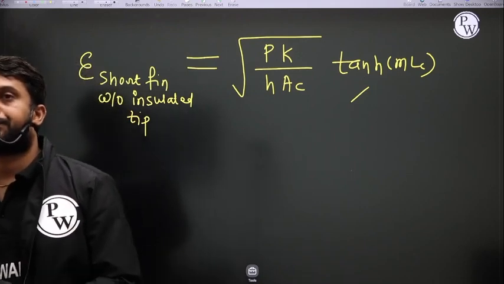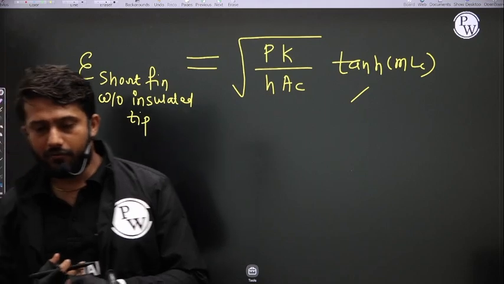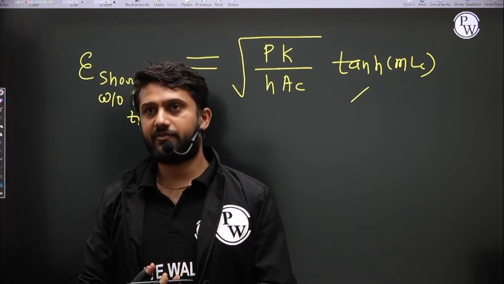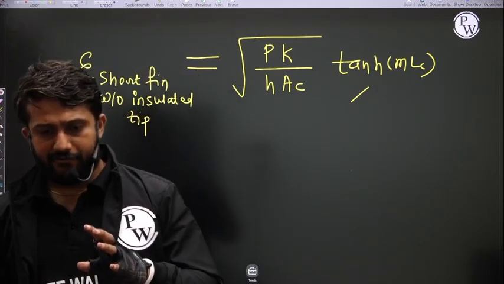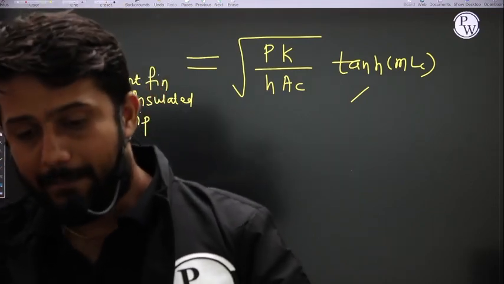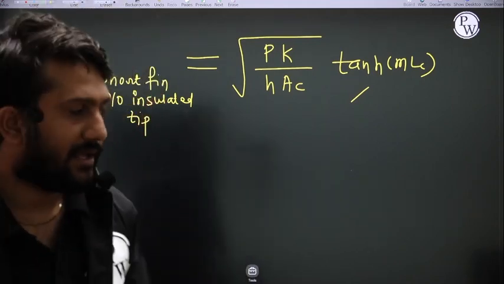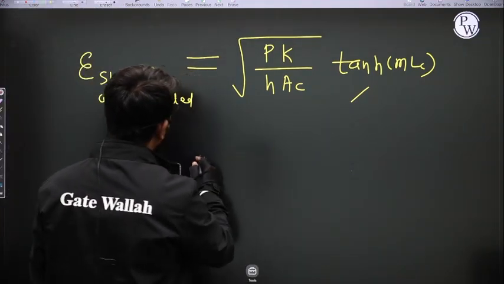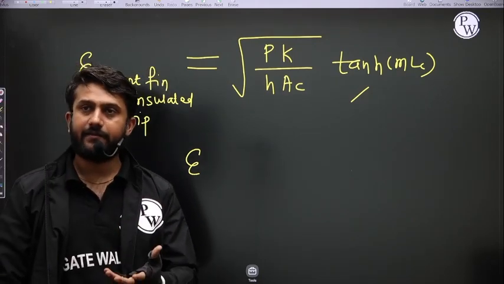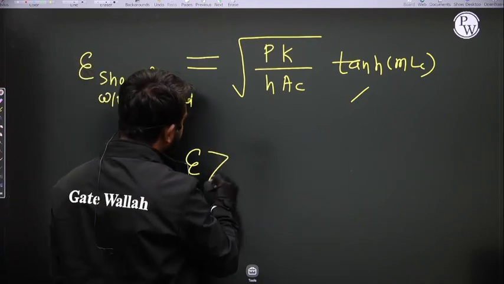Okay, now the effectiveness of the fin, how will we increase the effectiveness of the fin? Because applying the fin is justified when the effectiveness is greater than or equal to 2. Please try to understand this. Putting a fin is justified when the effectiveness is greater than or equal to 2.